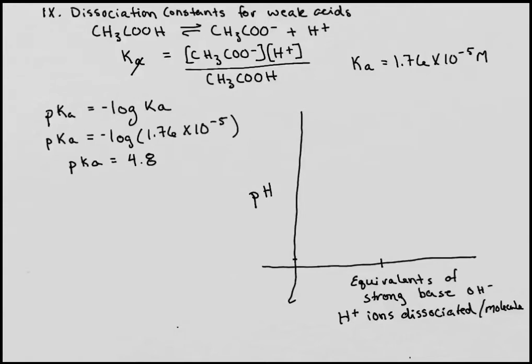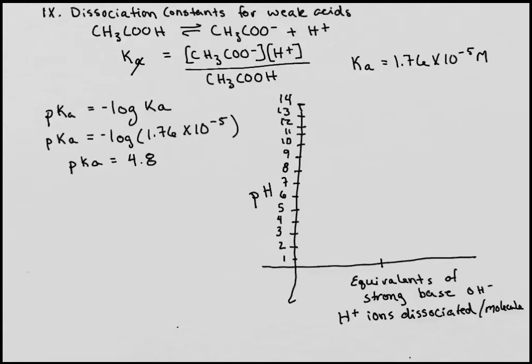So if I just note that this is a pH of 1 and 2, 3, 4, 5, and we just keep climbing up, neutral, 8, 9, 10, 11, 12, 13, and finally at the top here, 14.